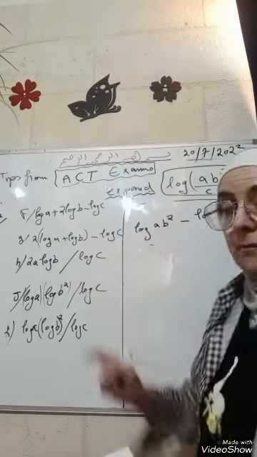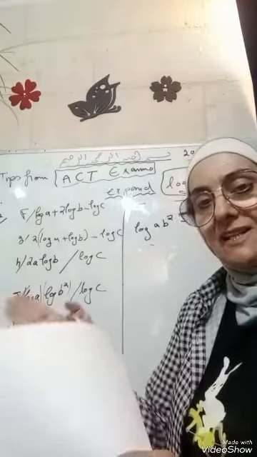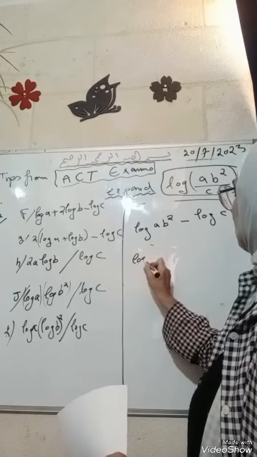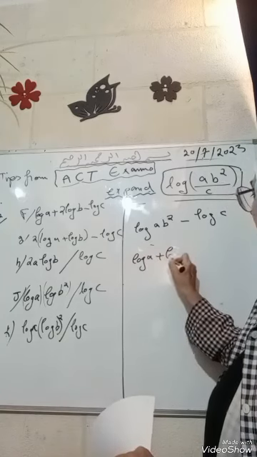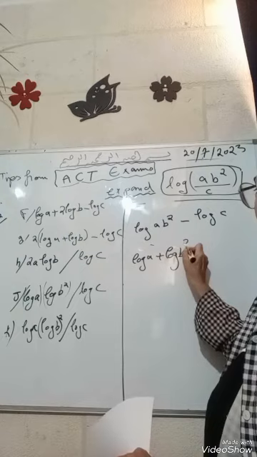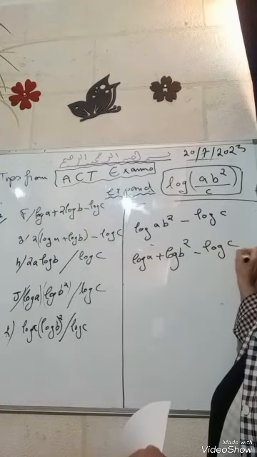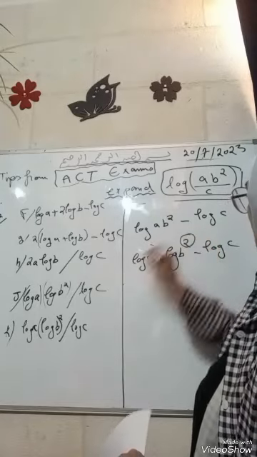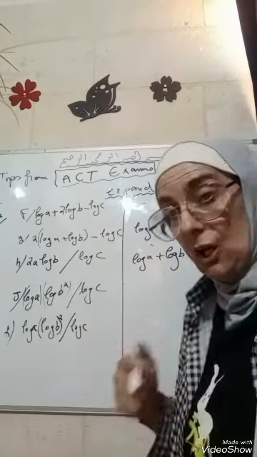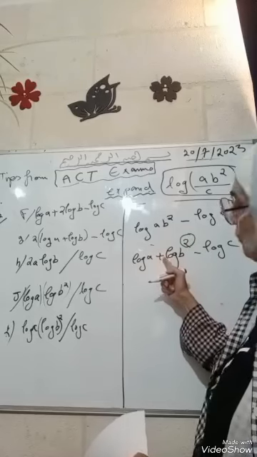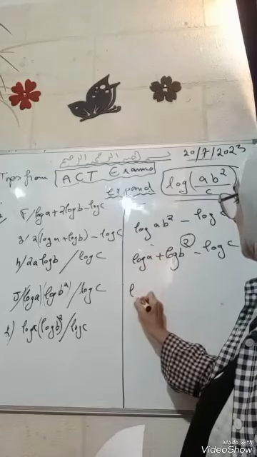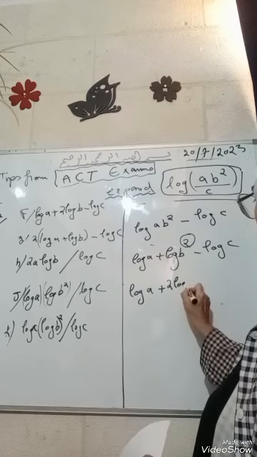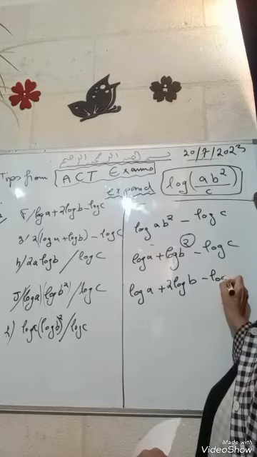Now I have here multiplication. Multiplication, I said, turns to addition. So log a plus log b squared minus log c. Last step, I have here log b squared. I just said the law: the 2 has to be moved to the front. So it's log a plus 2 log b minus log c.